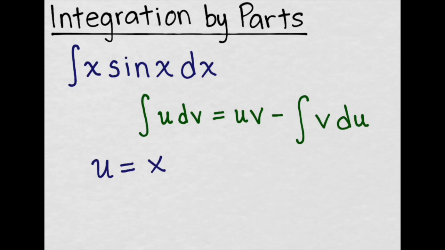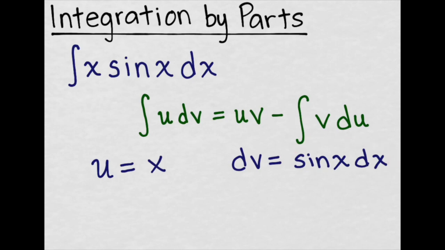And the choice of dv equals sine of x dx is a good choice for dv. As you can see, the integrand consists of a u, which we have chosen as x, and a dv, which we have chosen as sine of x dx.